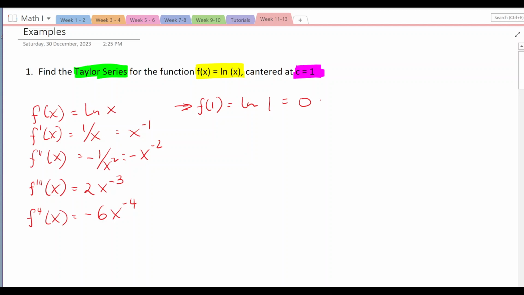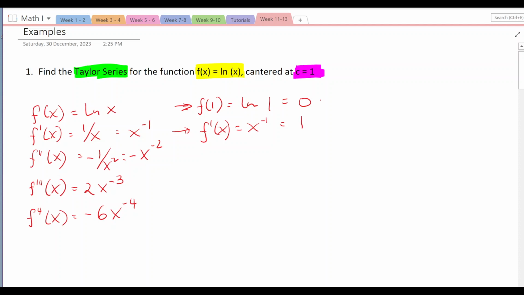And then the next one, the first derivative is x to the power of negative 1, or simply 1 over x, and 1 over 1 is simply 1.